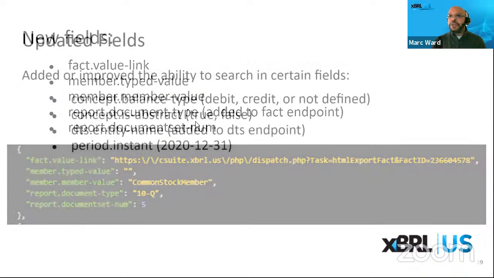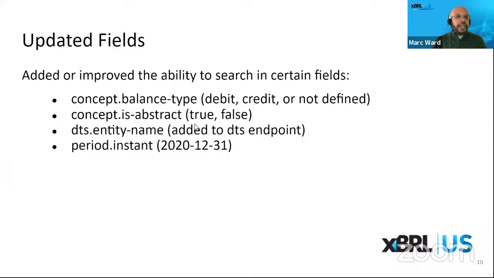Then let's move on to updated fields. A lot of these fields are updated, and some of the new fields are added, in response to questions or desires that our members submit to us. In these particular cases, we had these fields available before, but we made them searchable afterwards, so that the people requesting these were able to refine their queries.